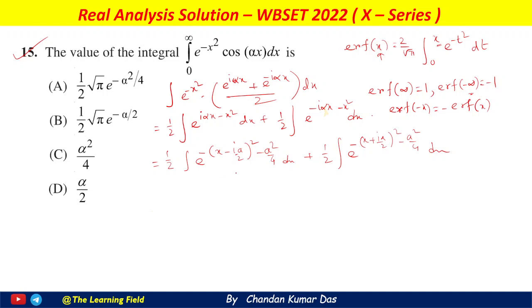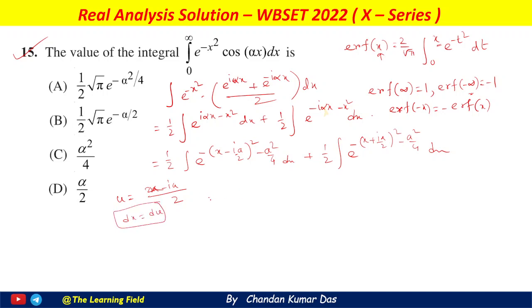Now for this term we put u equal to x minus iota alpha by 2, so this means simply dx equals du.